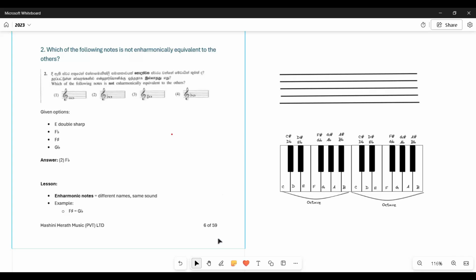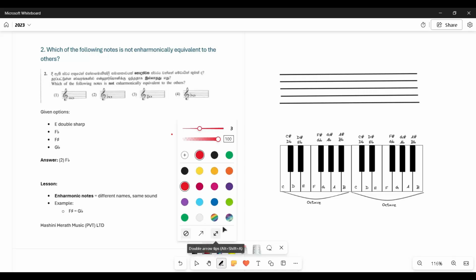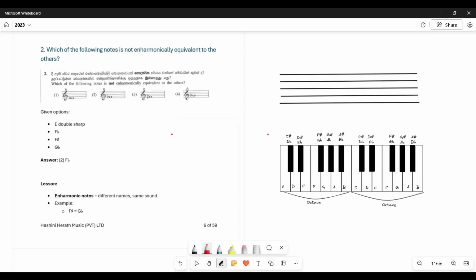Okay, so what we have to do now is find the enharmonically equivalent ones and spot which is not enharmonically equivalent and choose that as the answer. So, enharmonic equivalent notes are different names given to the same note or the same sound, okay?